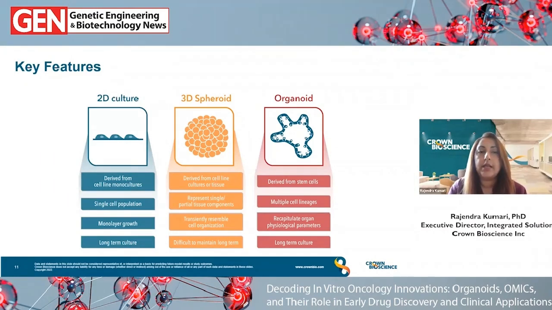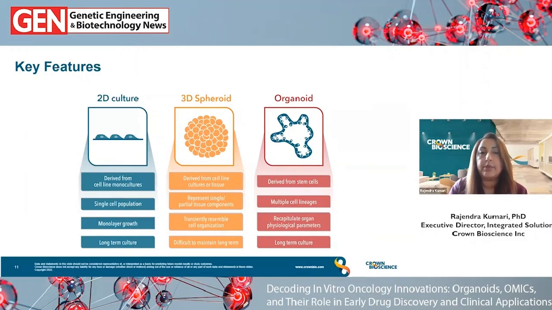In 3D, the single cell populations, or even mixture of different cells, can be used, including primary cells or even human tissue. And these tend to form spheroids or cell clusters. And spheroids can mimic different proliferative and quiescent phenotypes, hypoxia, as well as you can look at drug penetration and resistance.